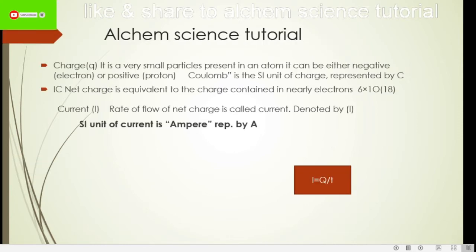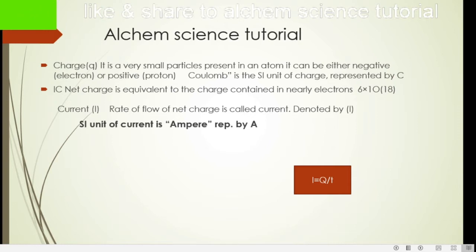First of all, in this topic we will understand what is meant by charge. As you know, charge is one of the unique properties of any material. In scientific language, charge is just a small particle present on any atom that might be positive or negative.